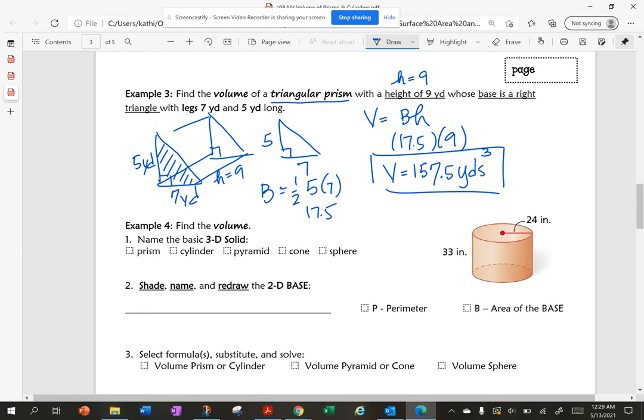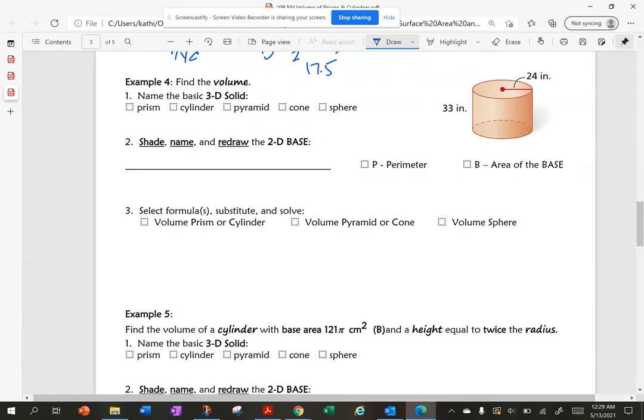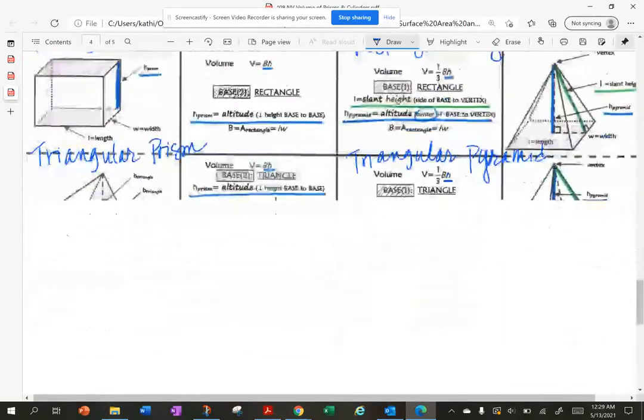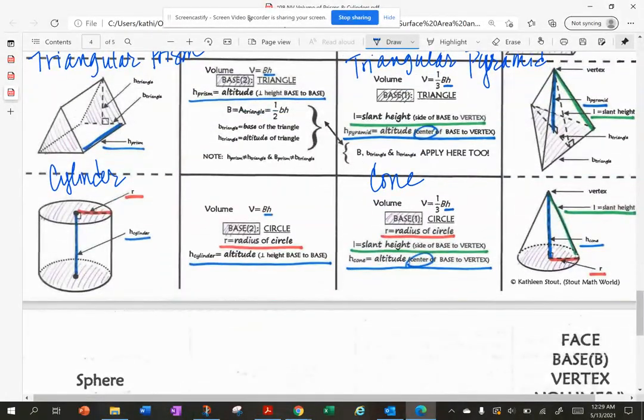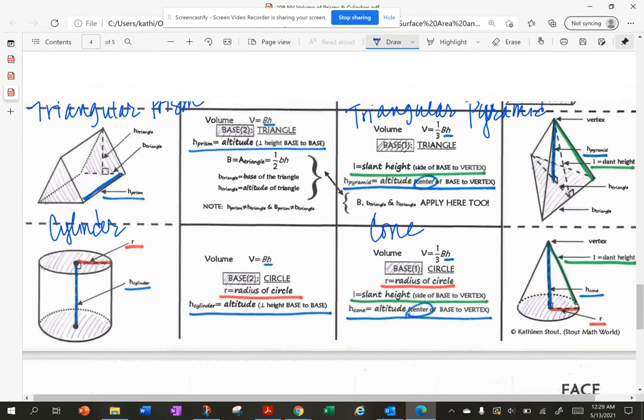Okay, let's do the cylinder now, and the volume of the cylinder. My base is a circle. My radius is 24 inches. For a cylinder, my formula is still volume as B times H. Same formula.